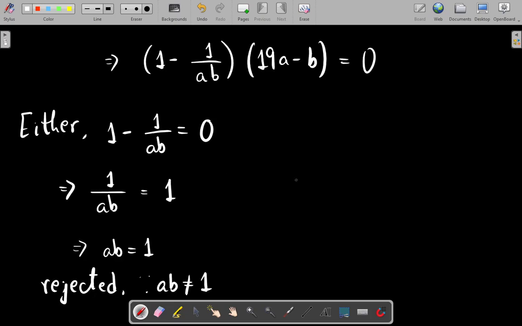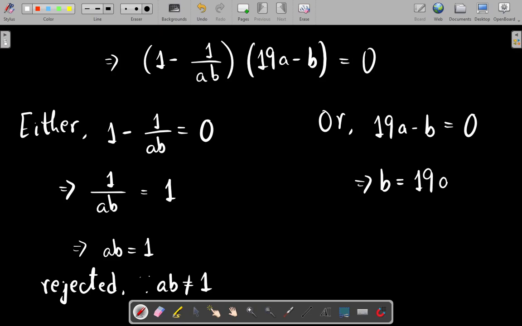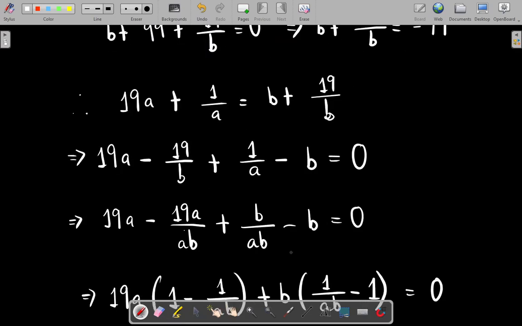Let us look at the other relation: 19a - b = 0, so b = 19a.